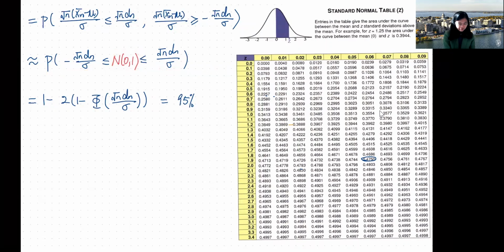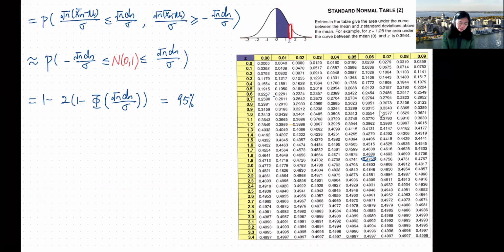So what is the probability that the standard normal falls between these two points? We can look at the standard normal probability density function. We know that it is symmetric.